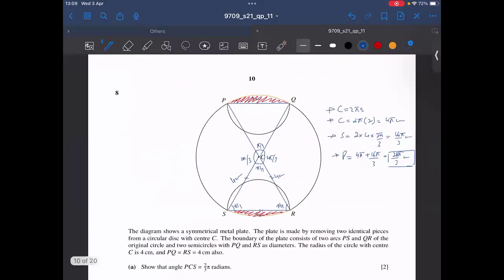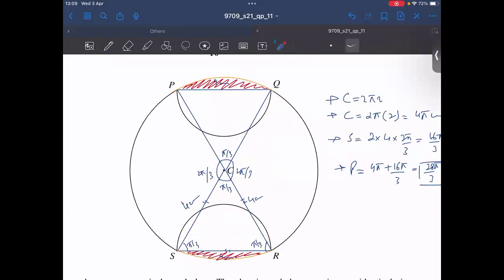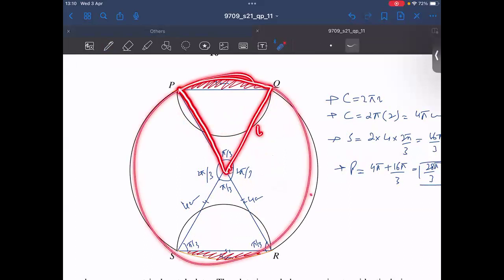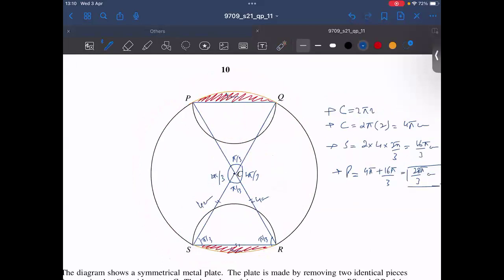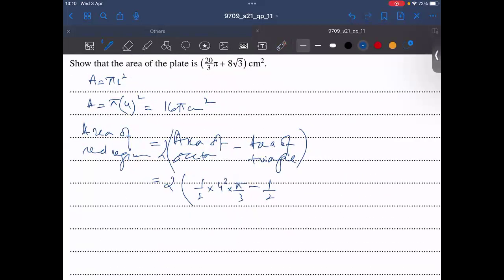I'm sorry, no. I'm not looking at this semicircle. I'm looking at this sector, and this sector is basically part of the circle. So that's why the radius is going to be 4. Is it clear or not? So half r square theta, half 4 square pi by 3, minus half r square, which is 4 square into sine pi by 3.